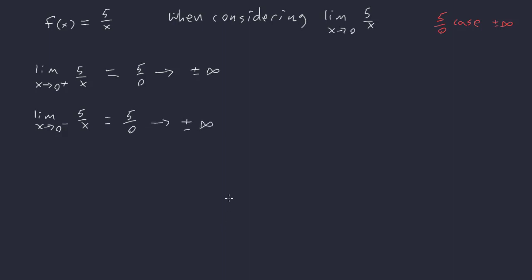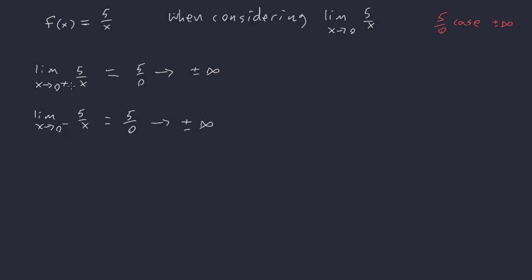Okay, so how do we determine which one it's going to be? Well, from the table, we knew that on the positive side, when we were plugging in positive x's, we were getting positive values, where on the negative side, when we were plugging in negative x's, we were getting negative values. So here's how I go about doing this, okay?